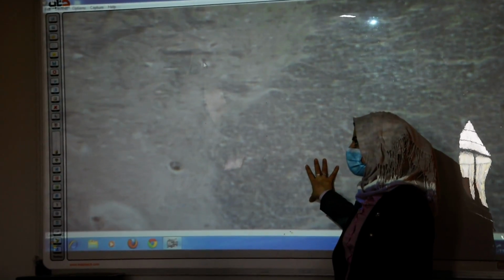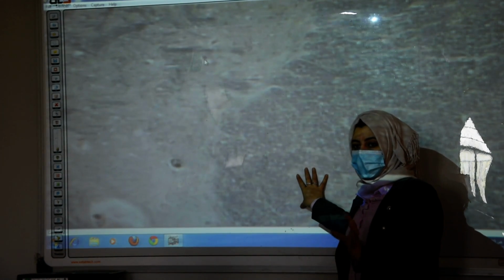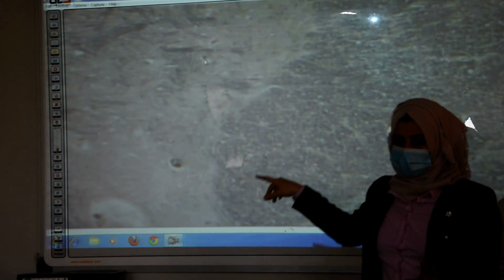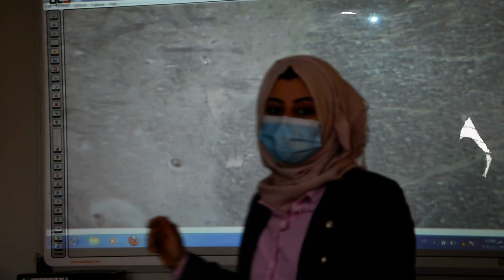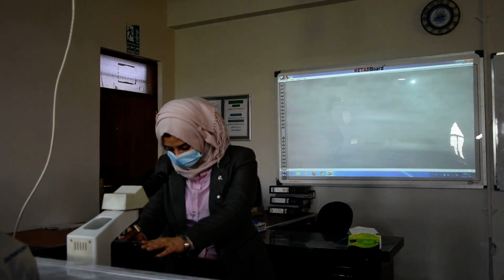By the way, it's gray and white because the white matter is a house of the axons, while the gray matter is a house of neurons and also the unmyelinated axons.